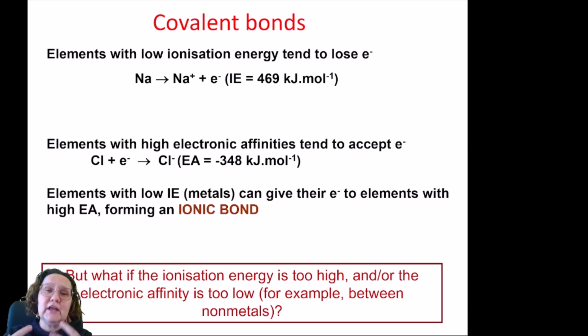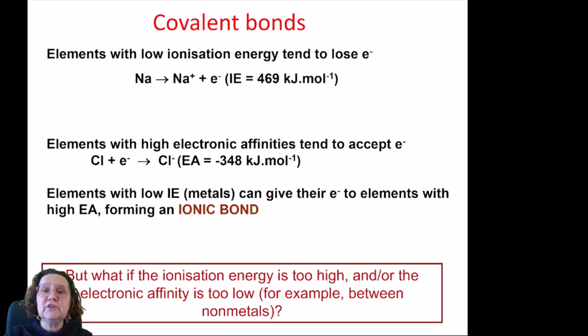Ionization energy is the energy you have to spend in taking an electron away from an atom, so it becomes positively charged. And electron affinity is the energy released when an atom gains an electron and becomes negatively charged, and it's defined one electron at a time. If you look at the values in the slide, we've got sodium. It is very easy to take an electron away from an atom of sodium.